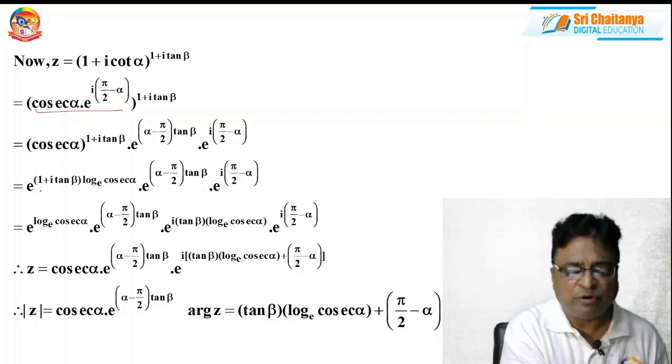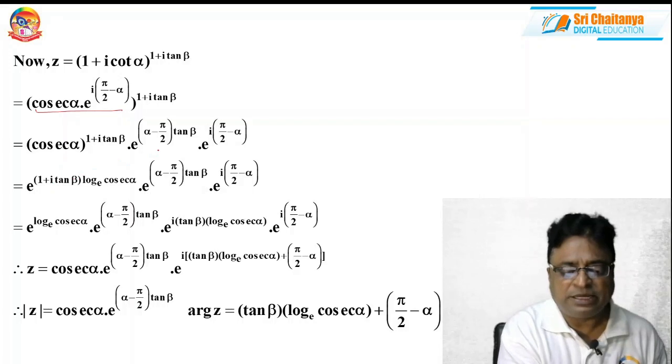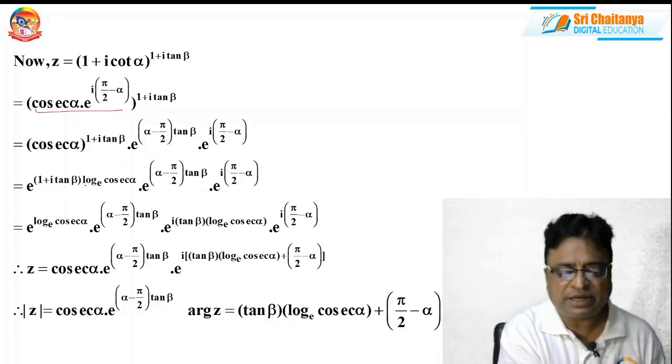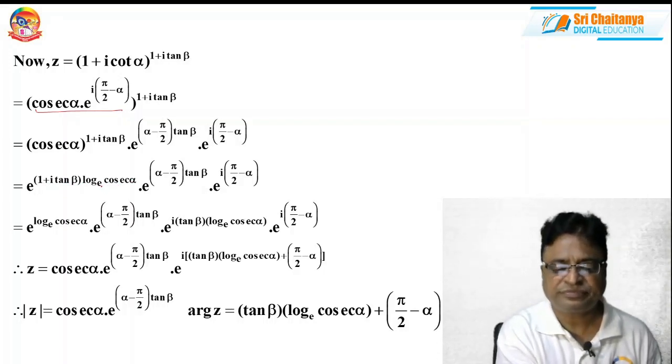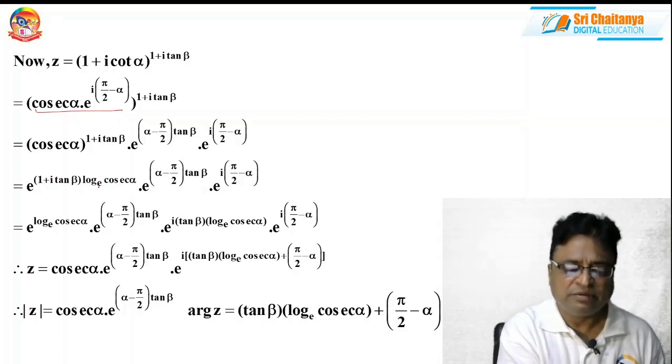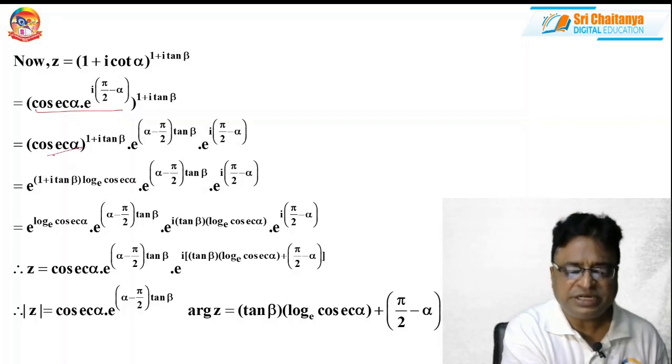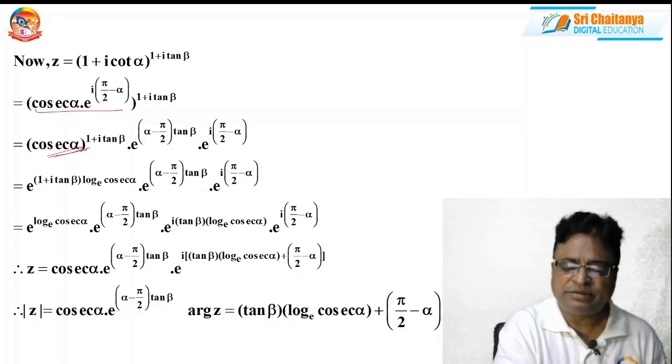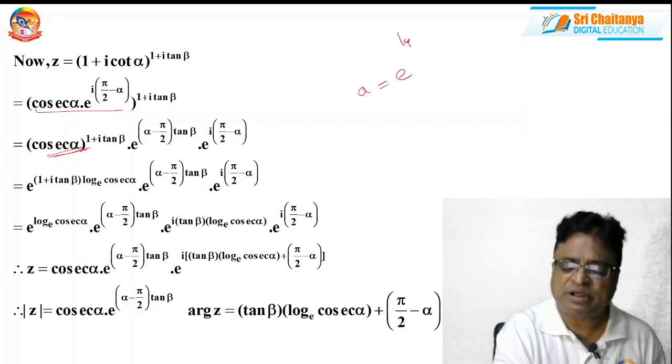So ultimately, this is e power something plus e power something, therefore e power (1 plus i tan beta) log cosecant alpha base e. Okay, how can I write this? Because what is my a? a can be written as e power log a base e.